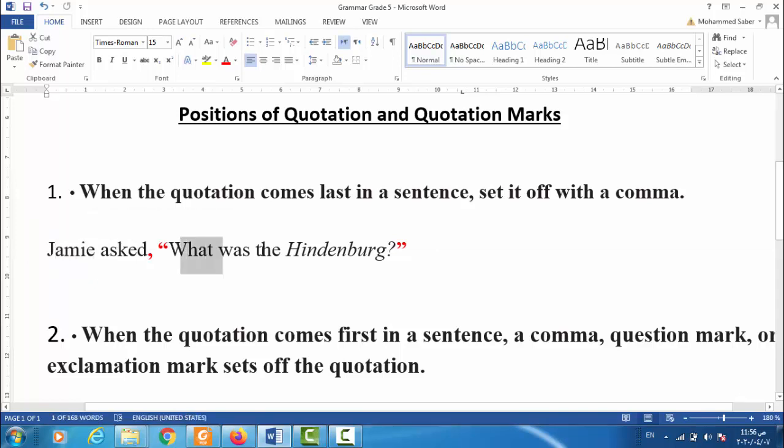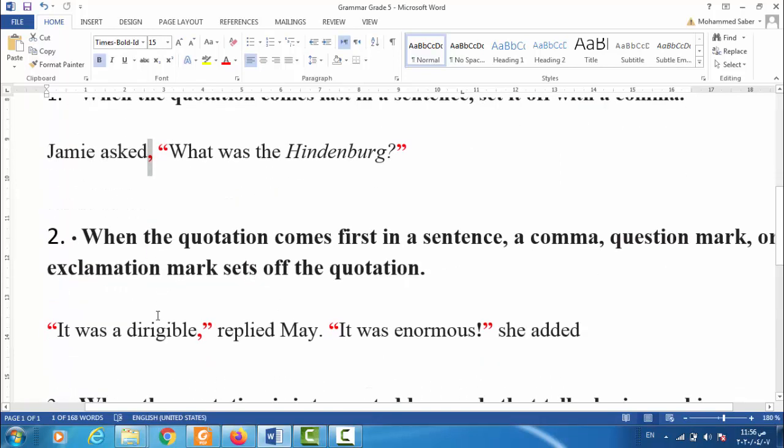So the exact words here are for Jamie. That's why we put them in quotation marks, like this one. But guys, don't forget, when the exact words come at the end of the sentence, you have to put a comma before it. This is the first part.